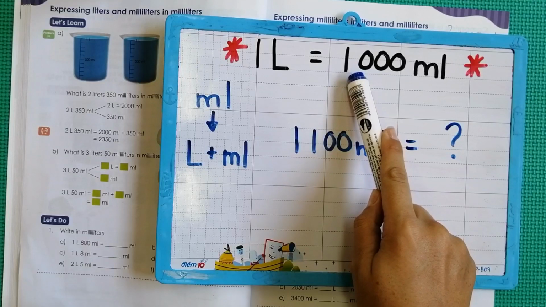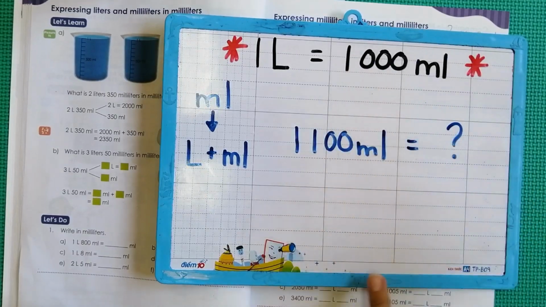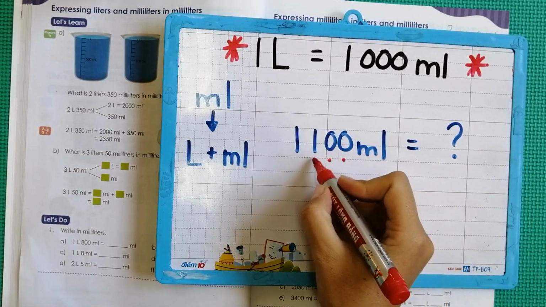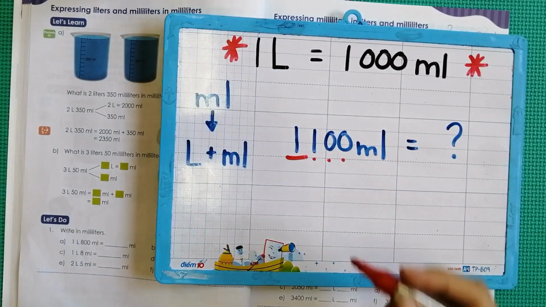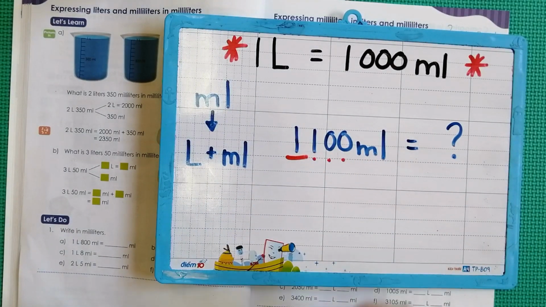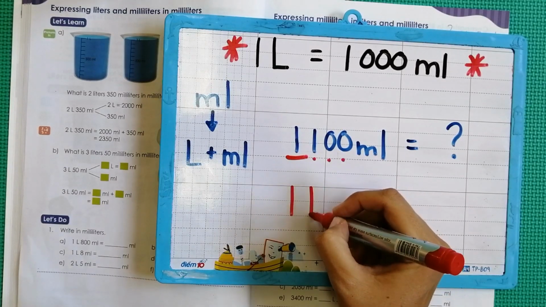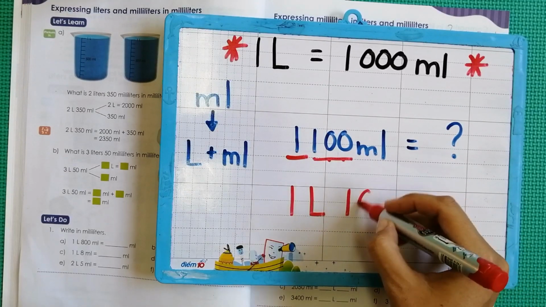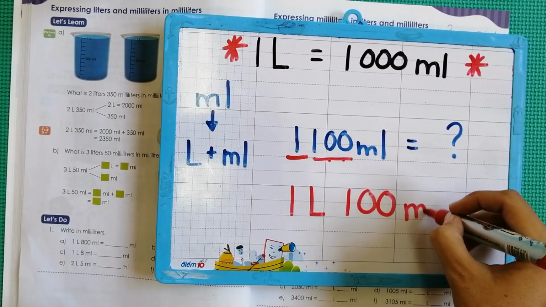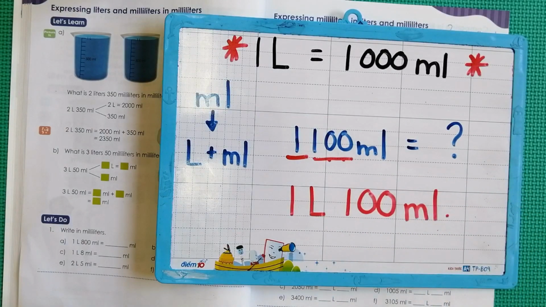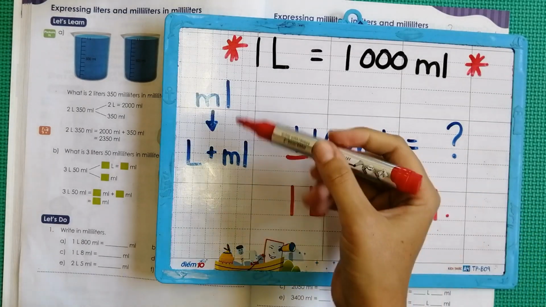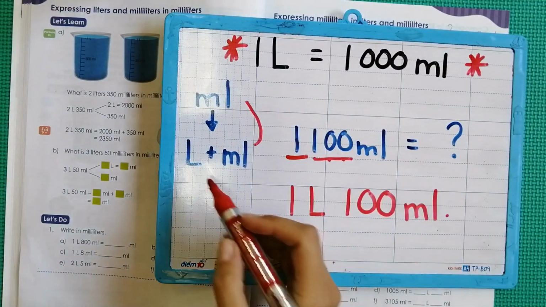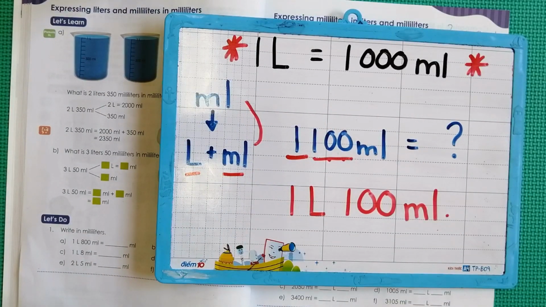Looking at our key, we know to find the liters, we need to look at the thousands column. Ones, tens, hundreds, thousands. The thousands column tells us it is 1 liter. And how many milliliters? 100 milliliters. That is how you exchange milliliters to liters and milliliters.